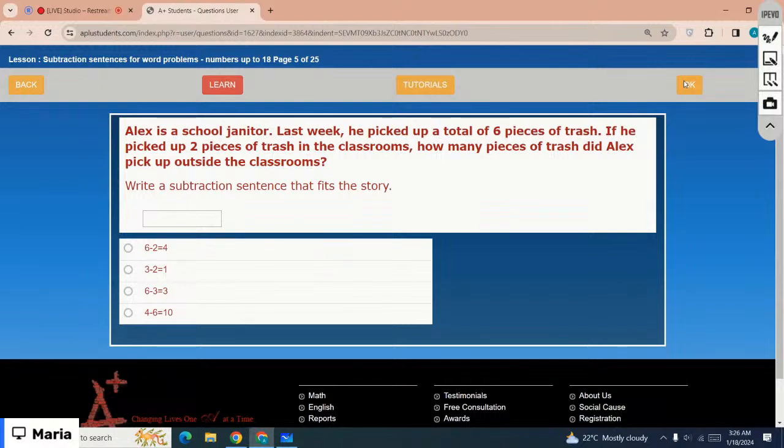The correct option is, yes, that is 6 take away 2 equals 4. The correct option is option number 1.